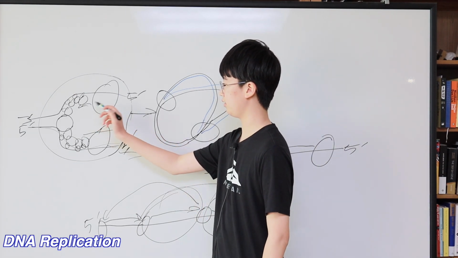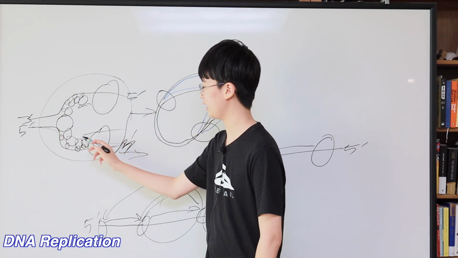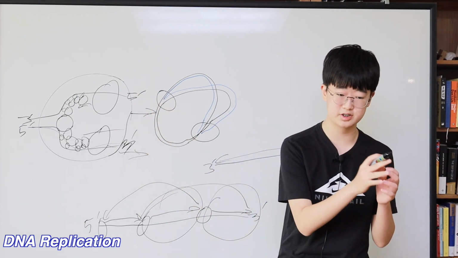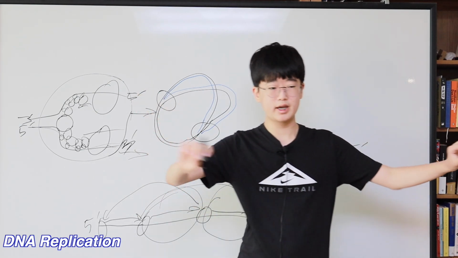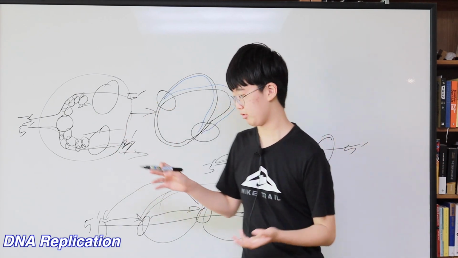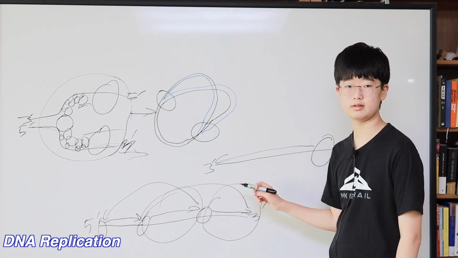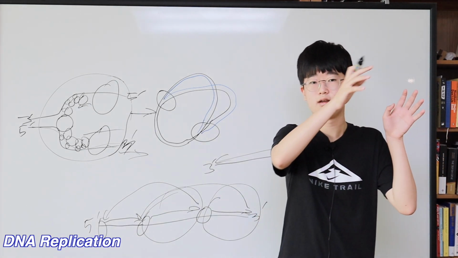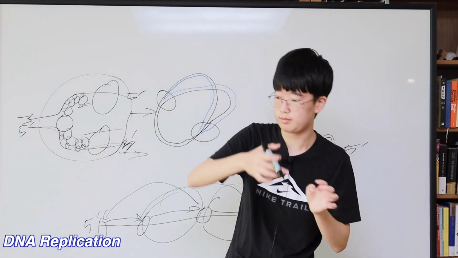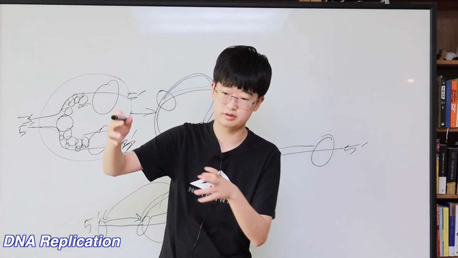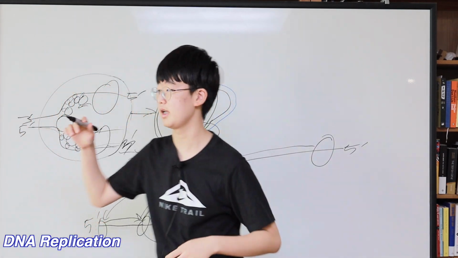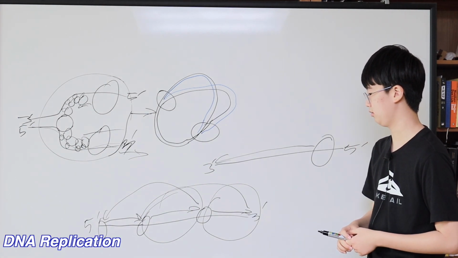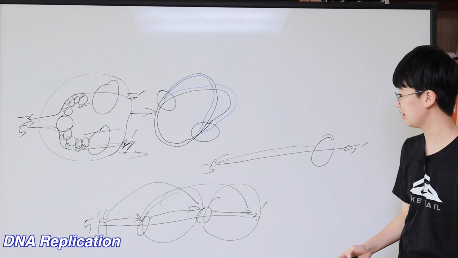So over here this is the leading strand, this is the lagging strand, and as I said, the leading strand is just replicating the DNA without any problems, while the lagging strand is Okazaki fragment, jump over, another Okazaki fragment, jump over, and replicate again, jump over, replicate again. So yeah, it's a bit like that.